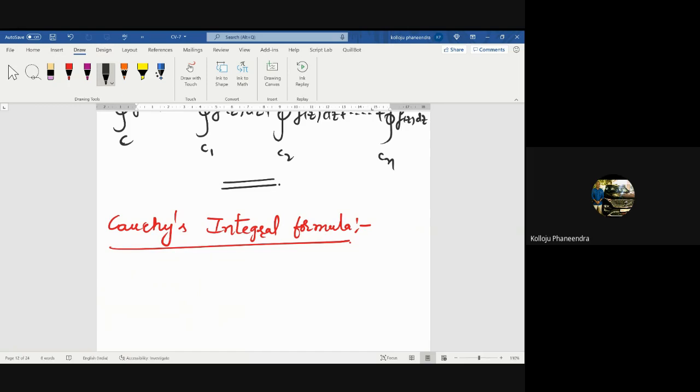Now, Cauchy's integral formula. Theorem is different from formula. What is the statement? Cauchy's integral formula statement. Better you write like this. This is also over, right?